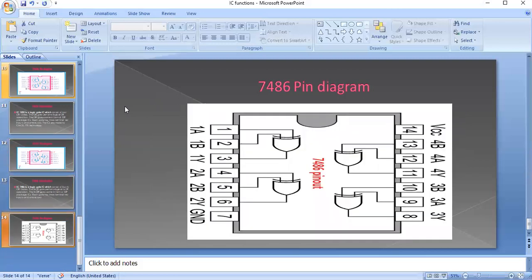And 7486 is a quad 2 input XOR gate. You have to learn these pin diagrams and internal structure. So this is all about the basic gates, universal gates and special gates, and the function of ICs.